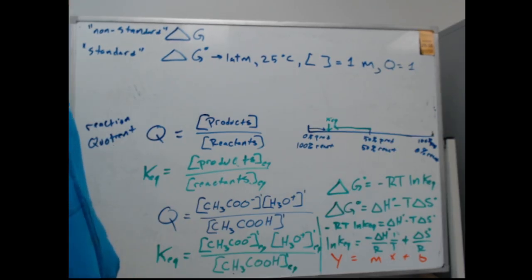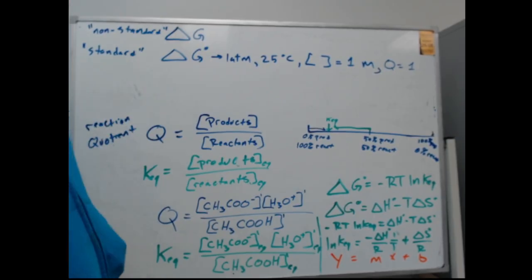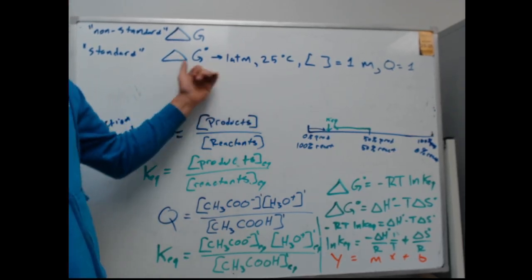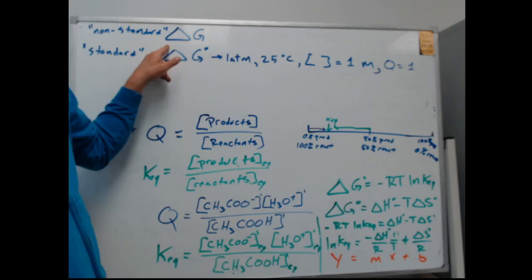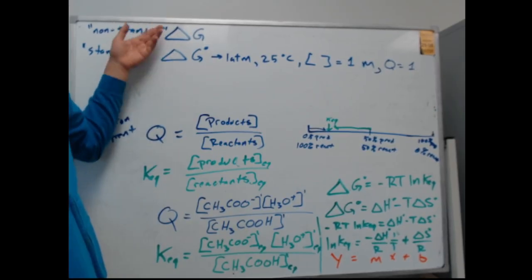Delta G is really more like that energy of spontaneous, non-spontaneous. Delta G standard gets us towards products, towards reactants, product favored, reactant favored. Delta G is spontaneous, non-spontaneous. How much extra energy is there? So they address two different situations.